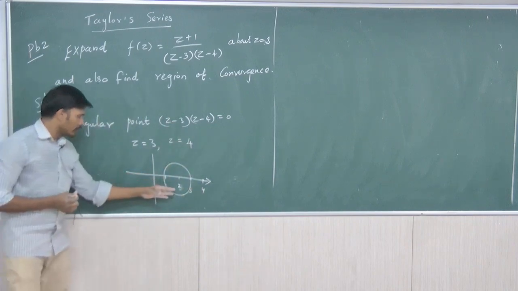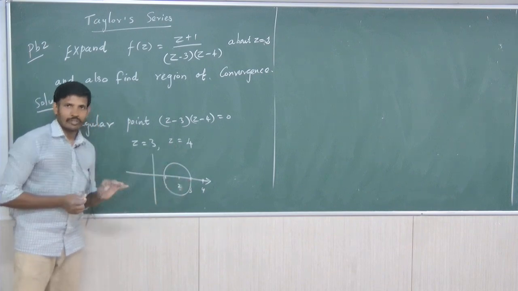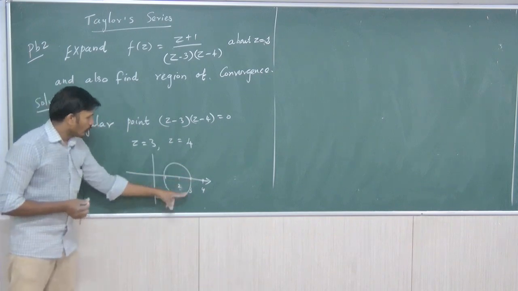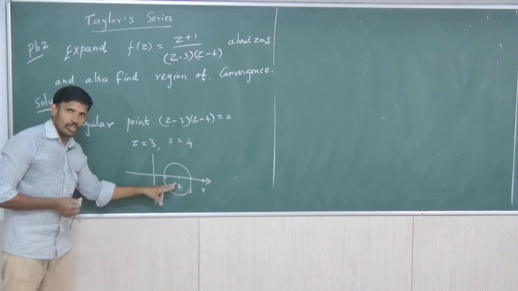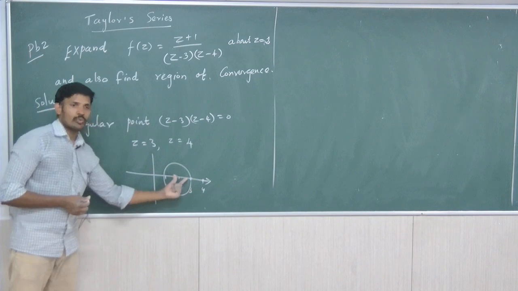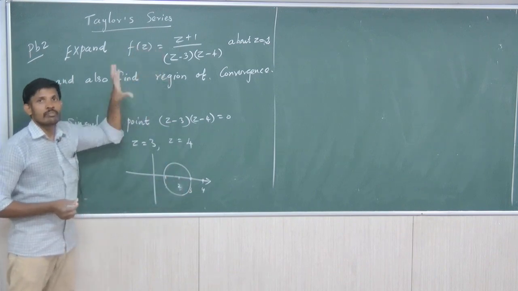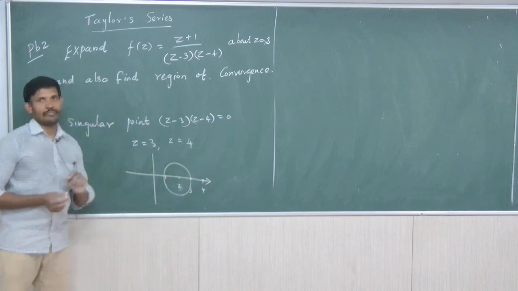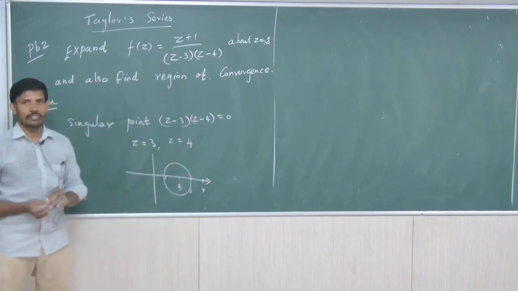So here 3 is not included in this circle. It's most important, right? So I have drawn a circle of center (2, 0) and radius 1. So in this circle the function is analytic everywhere. So this circle is called a region of convergence.